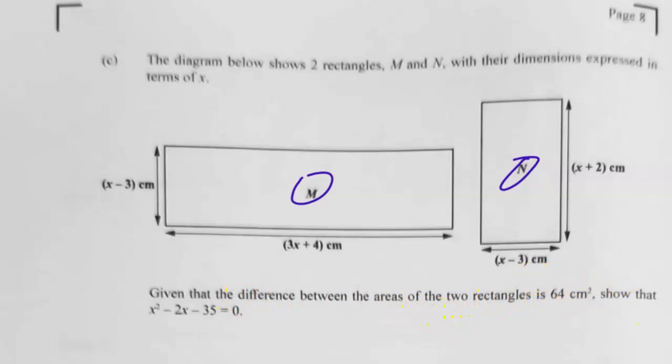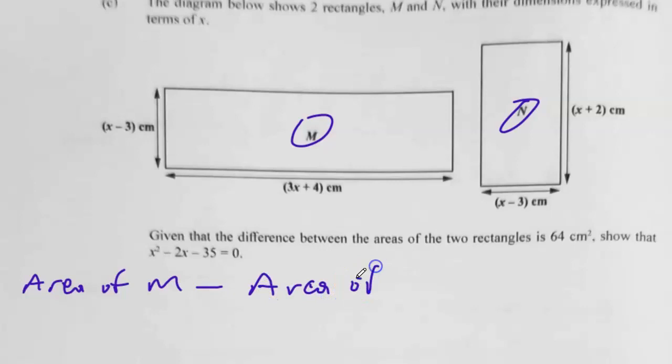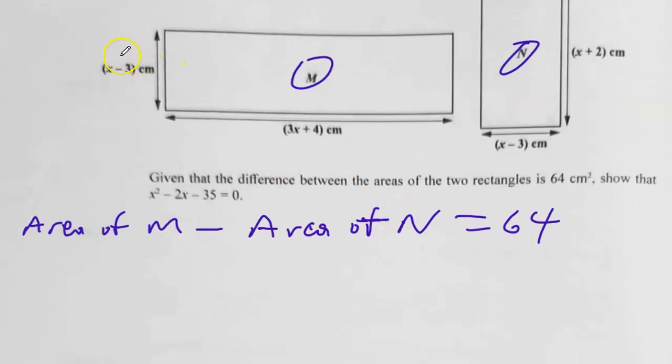Let's find the area of M, so the area of rectangle M minus the area of rectangle N. We are told that the difference is equal to 64. Let's calculate the area of rectangle M. Notice it is a rectangle, so length times width.